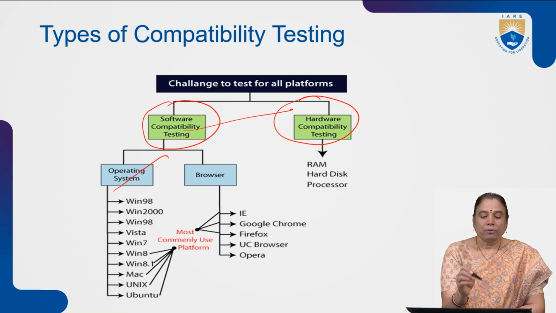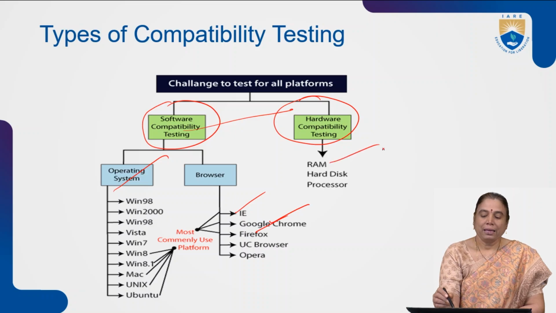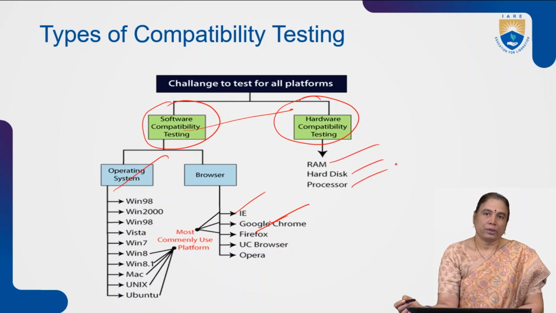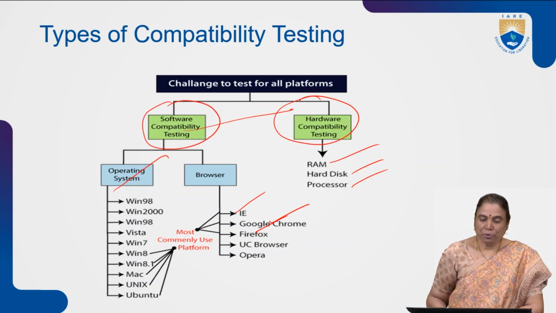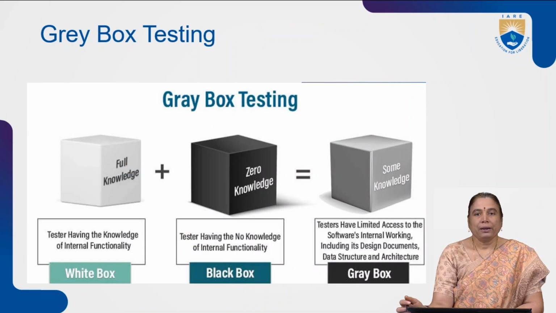Not only that, a variety of browser experiences can also be verified, like Google Chrome, Firefox, Internet Explorer, etc. Not only that, the application must be tested against a variety of hardware environments, like different RAM chips, hard disks, and processors. In this way, compatibility testing can be used to test different browsers, operating systems, and hardware components.